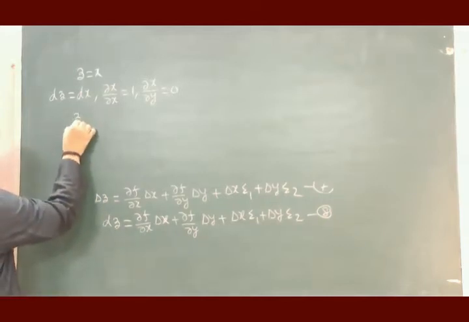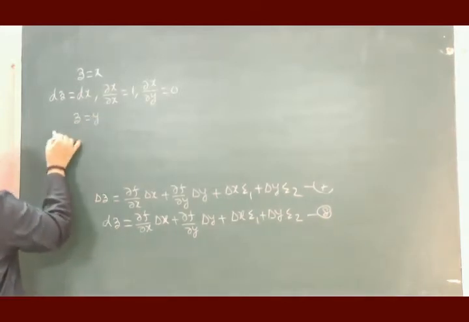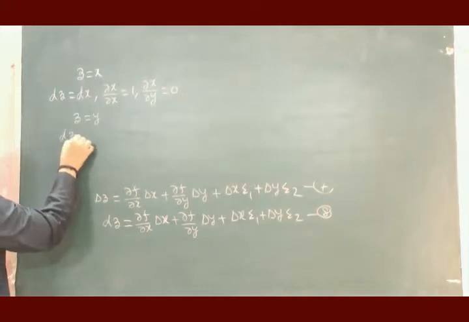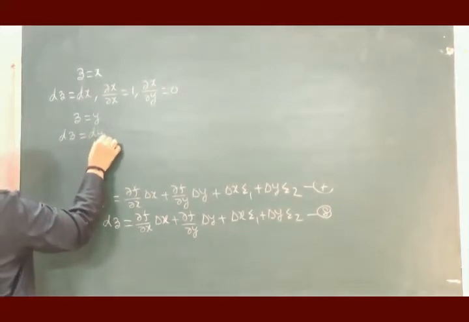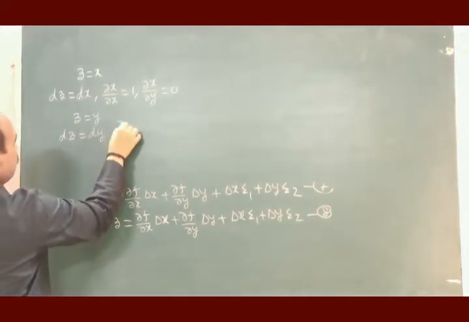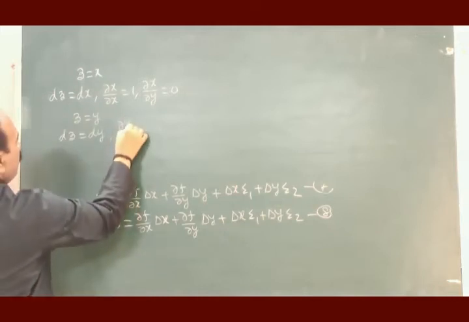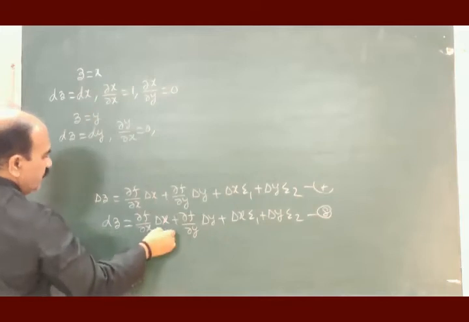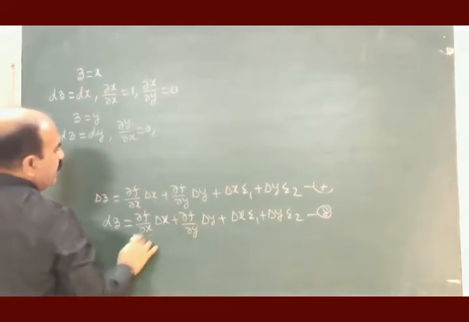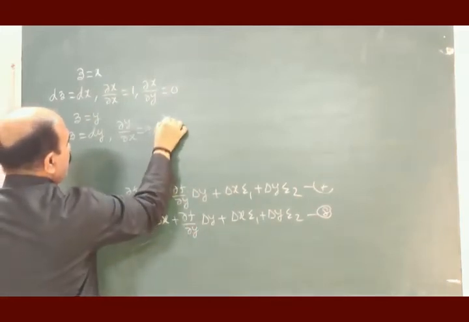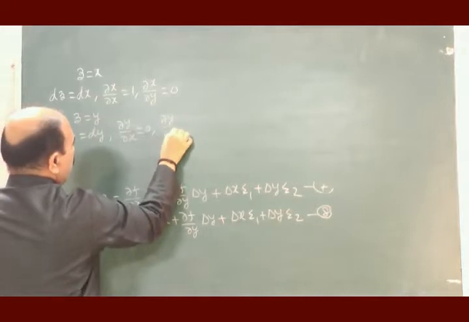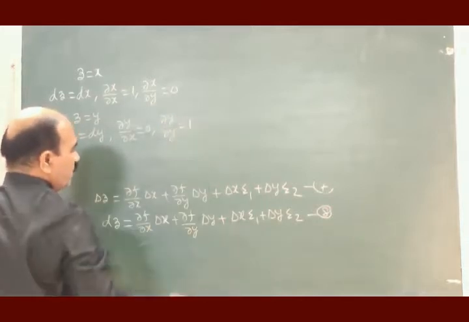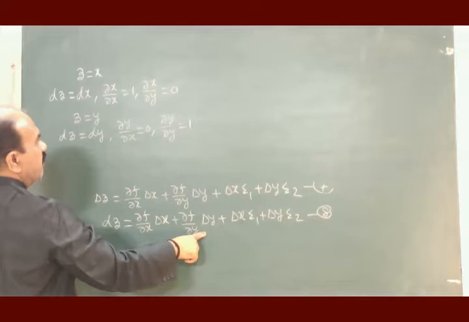Similarly, when you put z is equal to y, we will have dz is equal to dy, and dou y by dou x is equal to 0. This term will become 0. This one, dou y by dou y, is equal to 1 into delta y.